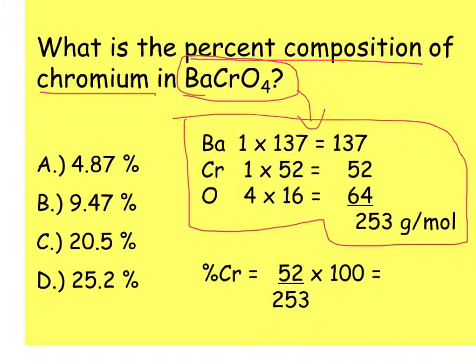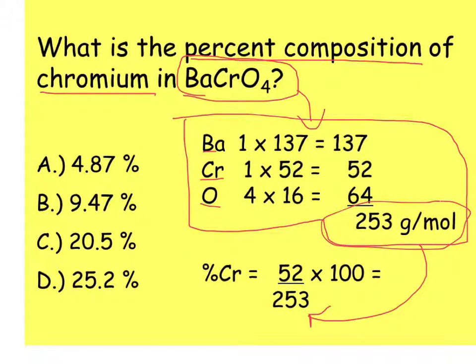Basically, again, you should know how to do this, but there's 1 barium, so that's 137. There's 1 chromium, and then there's 4 oxygen. And if you get the molar mass of each one of those contributions and then add them up, you get 253.